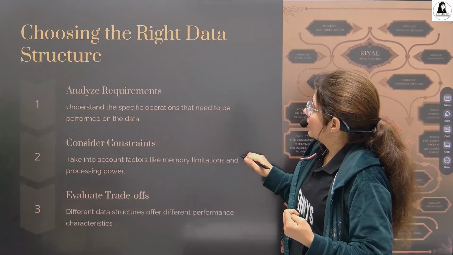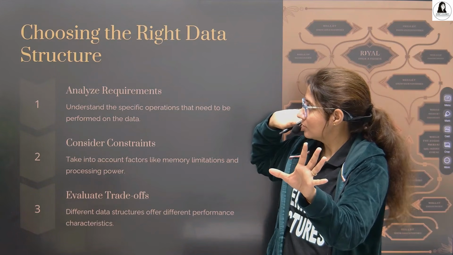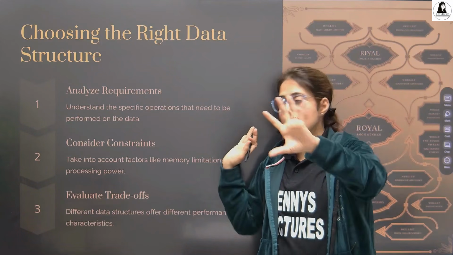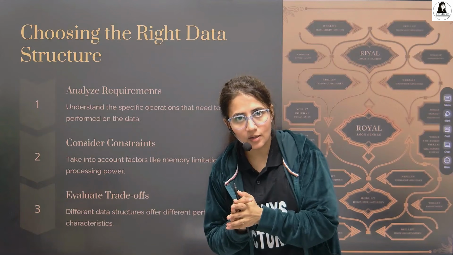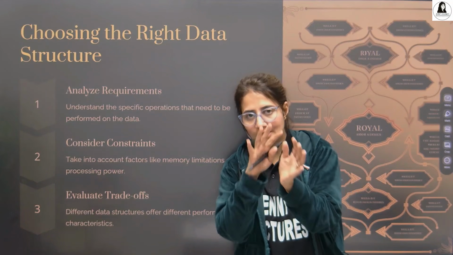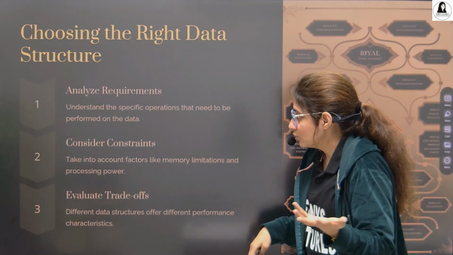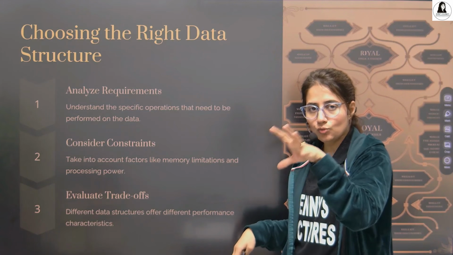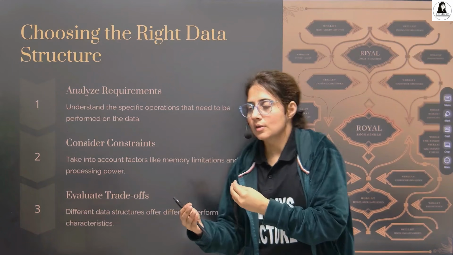Now, choosing the right data structure. This is an important one. Analyze your requirement, your need, first. Understand the specific operations that need to be performed on the data. What is the need of the project on which you are working? Analyze that first, and then obviously you may have some constraints also. So take into account those constraints, like memory limitation and processing power.